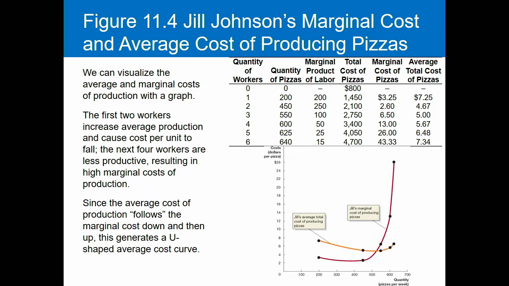After that second worker, the marginal product of labor is going to start falling: 150, 25, 15. So we end up with higher marginal costs for those workers. When the marginal product of labor increases, you have a falling marginal cost. As you add that second worker, because they're producing even more for the same wages you're paying them, the marginal cost is going to fall, lower than it was before.